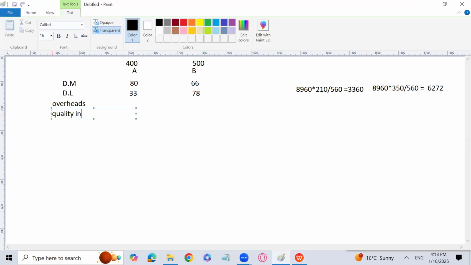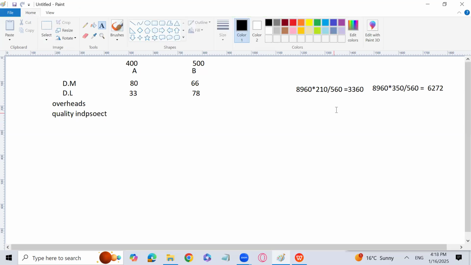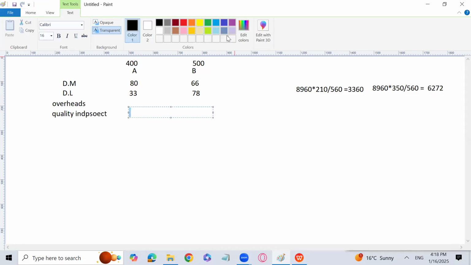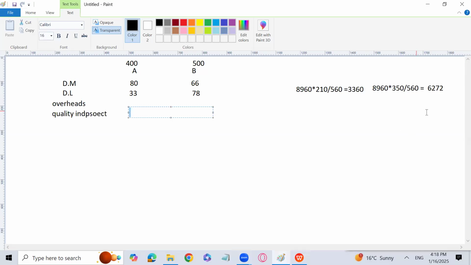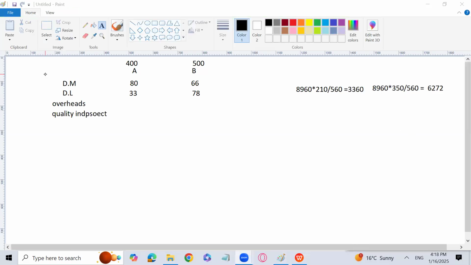Now, because I'm going to write it in per unit, I will write over here in quality inspection 3360 divided by 400. I will get the per unit of quality inspection. 3360 divided by 400. This is 5600. 6272. Can you calculate it again? 350 divided by 560 into 8960. 5600.